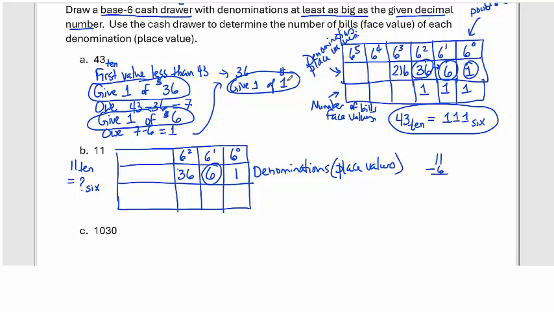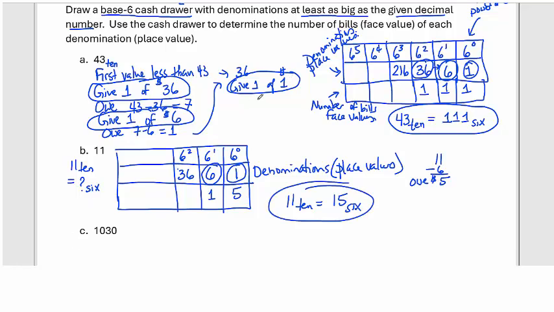So 11 minus 6 leaves 5 left over that we still owe. All right, so we're going to give one of the $6 bill, but we still owe $5. The only other smaller dollar bill is the $1 bill. We're going to need 5 of those to get the $5. So what we see here is that 11 base 10 is the same as 15 in base 6.